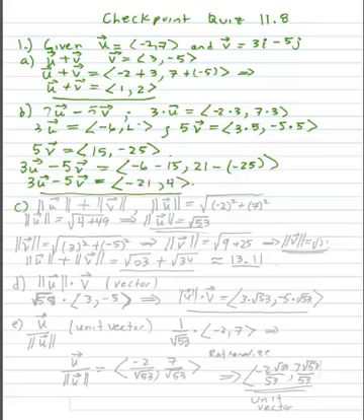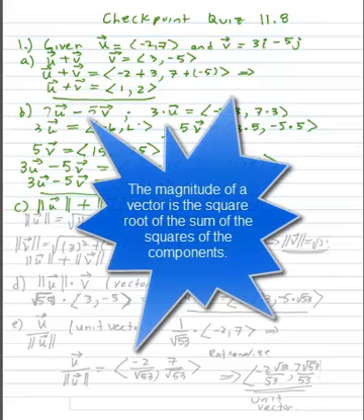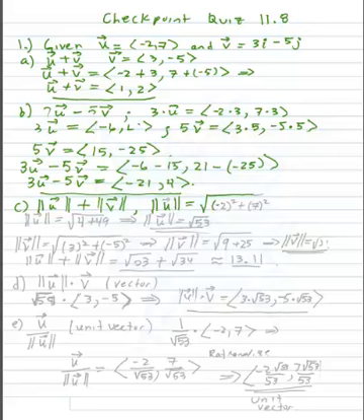Part C, find the magnitude of u plus the magnitude of v. Recall that the magnitude of a vector is the square root of the sum of the squares of the components. We're going to have -2 squared plus 7 squared, and that's all underneath the square root symbol.